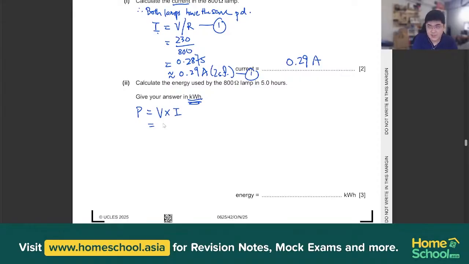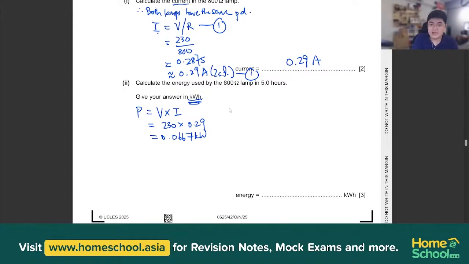So, let's do this. 230 multiplied by 0.29, which gives you 0.0667 kilowatt. Now we found the power output of one lamp.